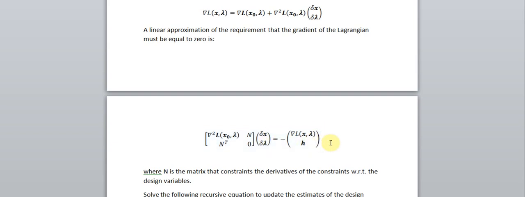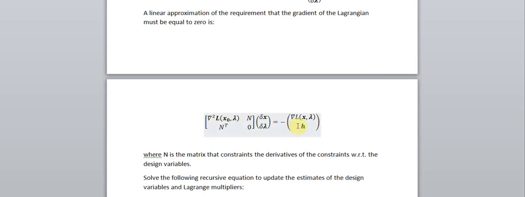And this is the right hand side, which is a vector. We have an upper part that is the gradient of the Lagrangian, and the other part is just the equality constraints. And the negative sign is before the left hand side.